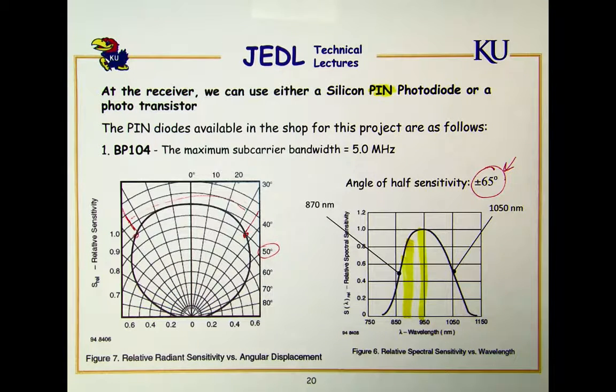You want to keep that as useful as possible, so keep the beam width narrow. And the receiver would be better if it had a wider beam width, that is a wider angle of sensitivity. So that's the BP104, and that one is available for you to use.